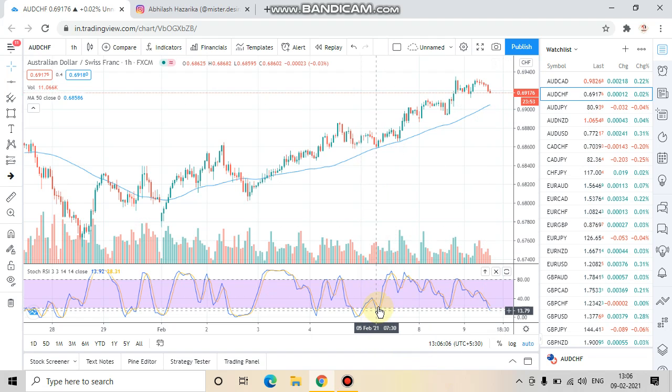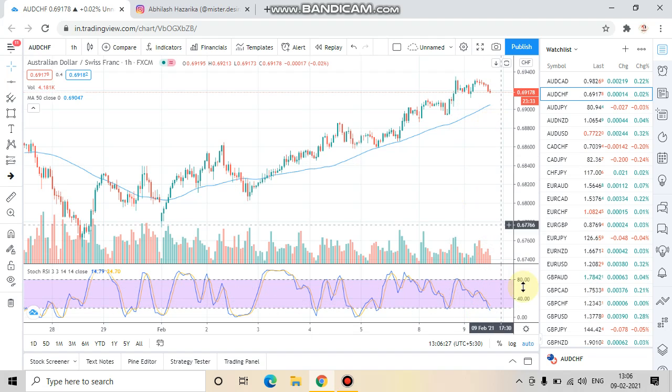Like here, see, this was a buy position and we will stay on the trade till the stochastic RSI indicator reaches the oversold territory. So you need to enter here, exit here, enter here, exit here. Again, see, the indicator has come down to the oversold zone, so we need to get cautious.